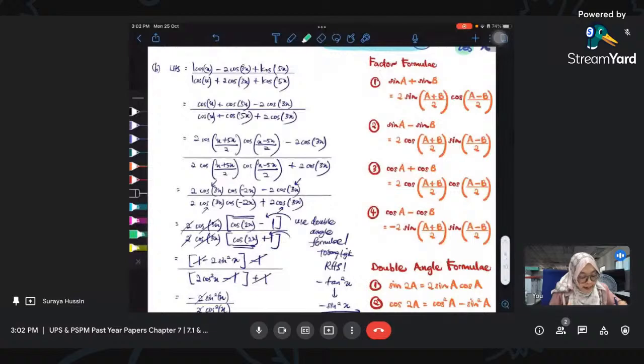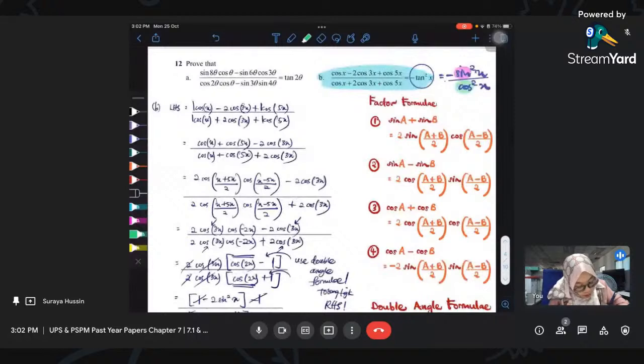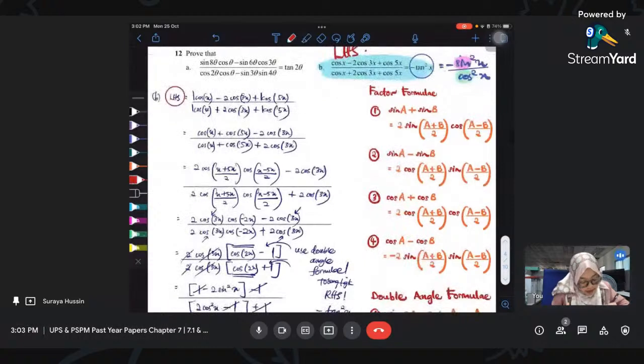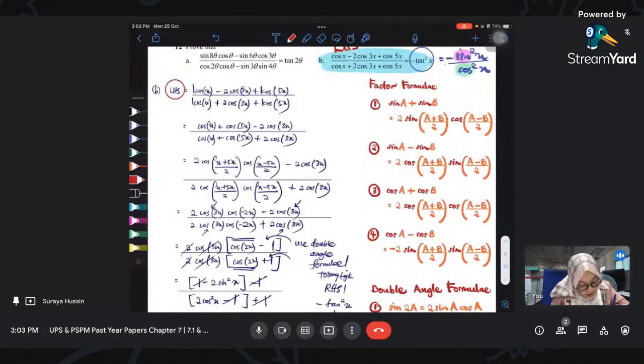Ni pandai-pandai. Okay. So here I start with my left hand side. Dekat sini, my left hand side, I rearrange. Saya letak yang ada dua coefficient di depan ni, saya letak dia di belakang.